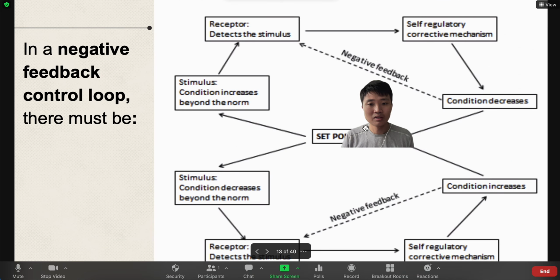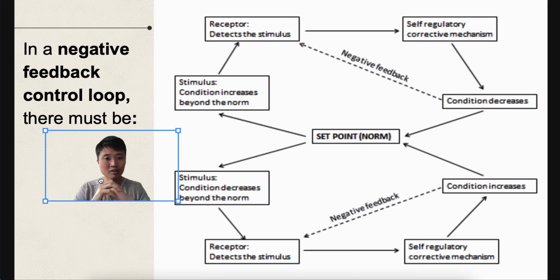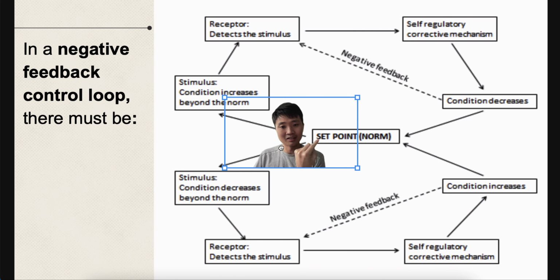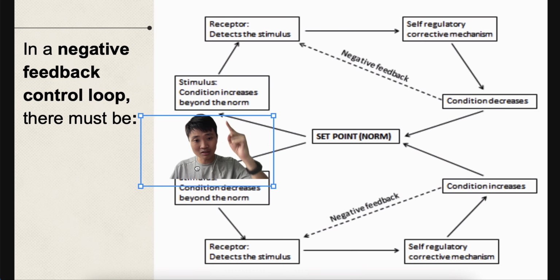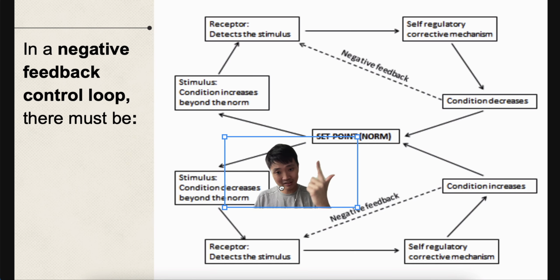This is the important one here. Please draw this diagram. These are the principles of the negative feedback control loop, or the negative feedback process. First off, there's always a normal. After that, there's a stimulus. It can be increased or decreased. So there must be a stimulus.